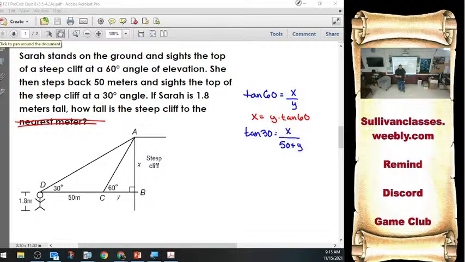I would replace y because I'm trying to find x. Okay? So I'm actually going to say y is x over tangent of 60. I'm going to swap my extremes here, say 50 plus y is x over tangent of 30.